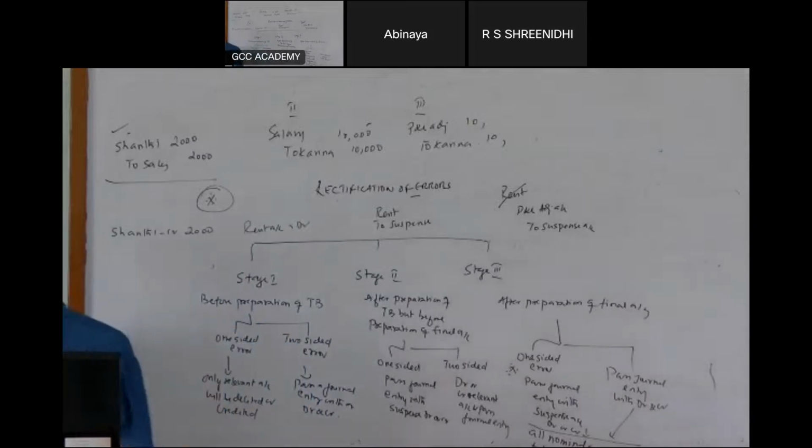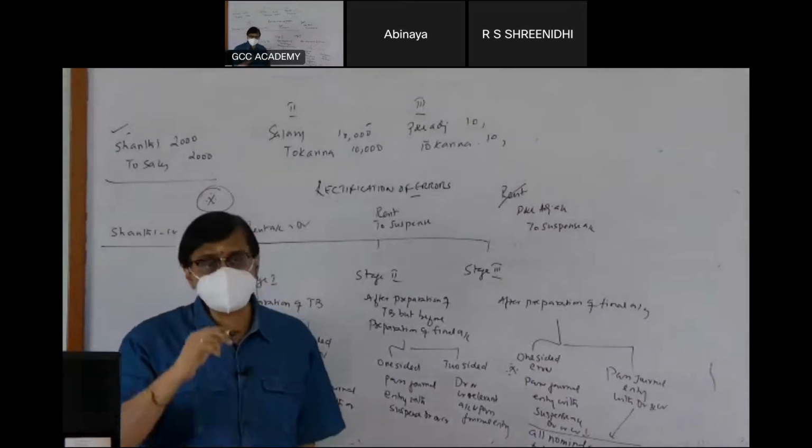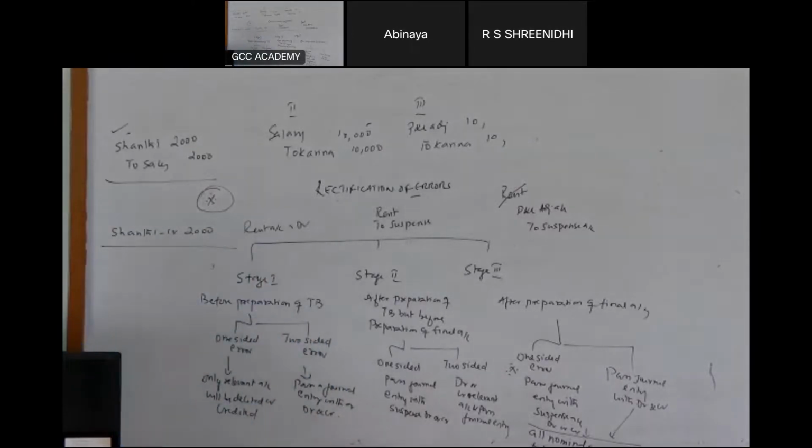So what is the correct rectification entry? It's a one-sided error. Shanti account wrongly credited. You should cancel it, so you should debit it. And the original debit is also missing. So double the amount: Shanti account will be debited to the tune of 4,000.